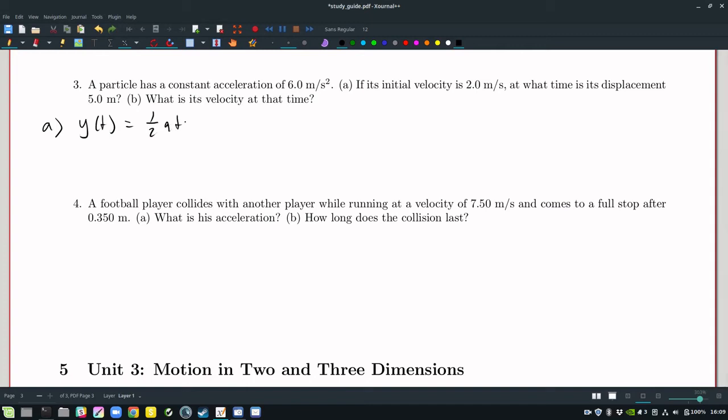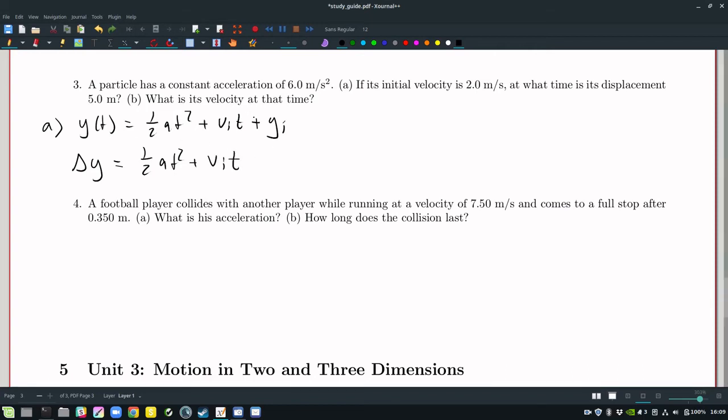1/2 at squared plus v initial times time plus its initial position. Now, we're told it specifically has a constant acceleration. We'll call that a, and so this is the quadratic formula. Let's subtract y initial from both sides so that we get delta y is equal to 1/2 at squared plus vi times time.